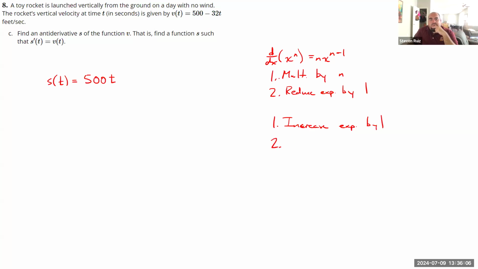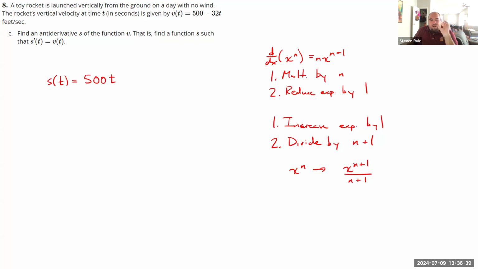And then step 2 was our original step 1, multiply by the exponent n. So now instead of multiplying, we're going to divide by the exponent. What's the exponent though? The exponent is going to be not n, but n plus 1. So just to be sure, what happens to x to the power of n? Well, we're going to increase its exponent, x to the n plus 1, and then we're going to divide by that exponent.